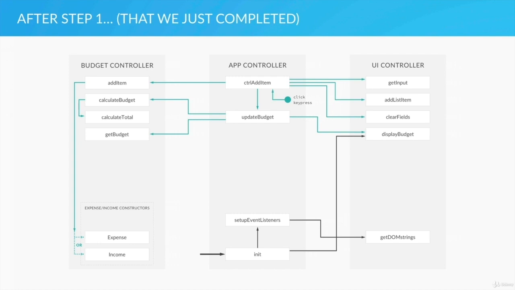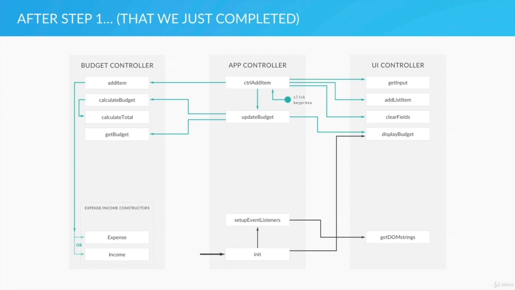For example, we can see the effect that a simple click on our input button has, which is this green dot here that represents an event. And there will be more of them in the future. As we know from our code, clicking this button will call the control add item function, which will then call all of the other functions and methods that we see here connected with the green arrows.